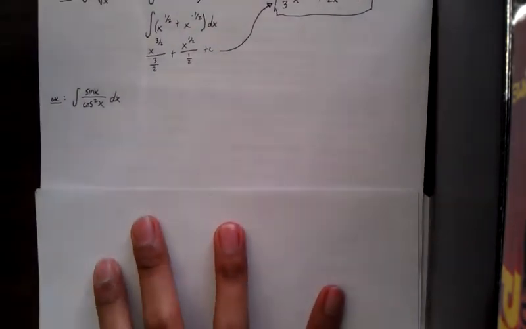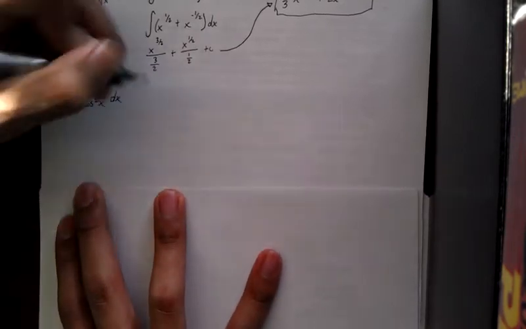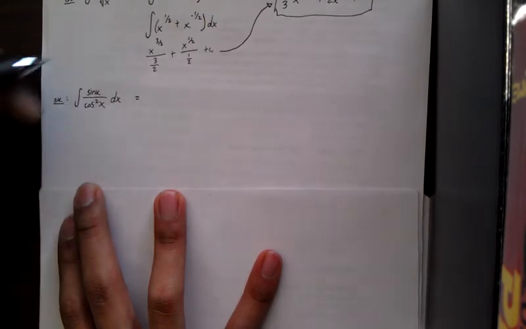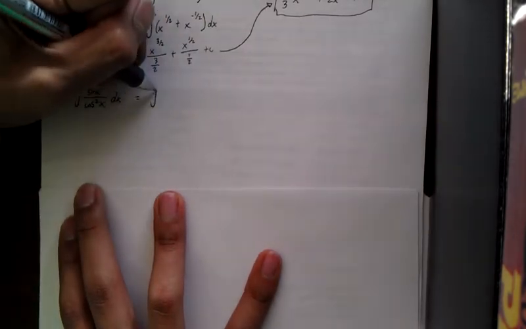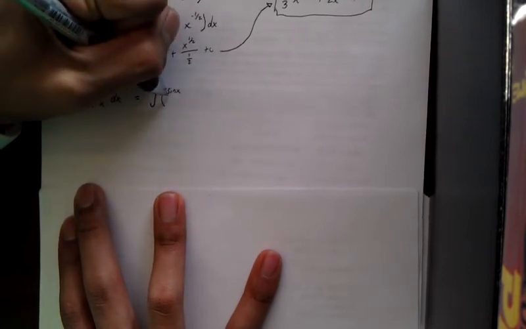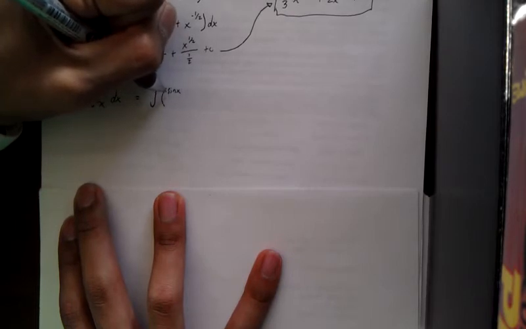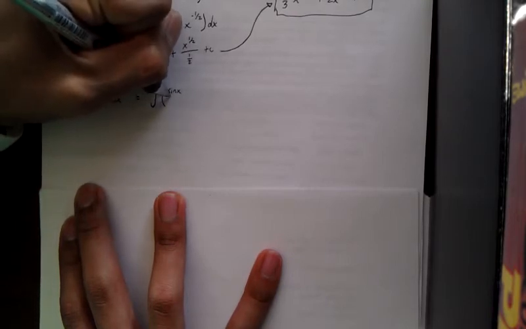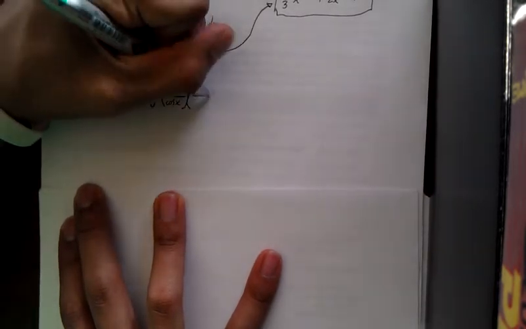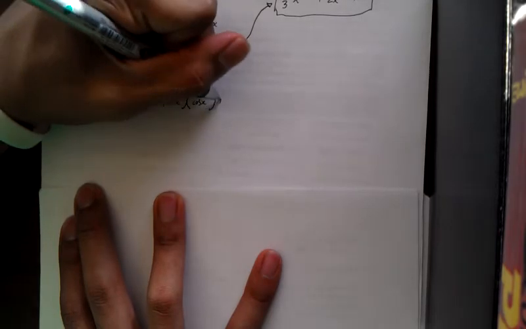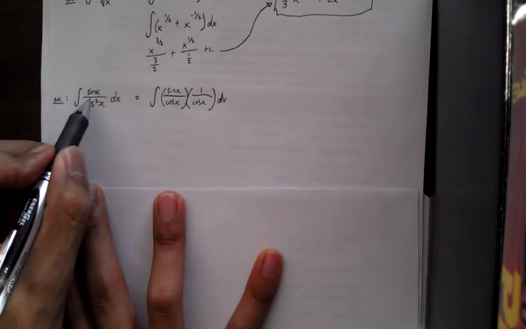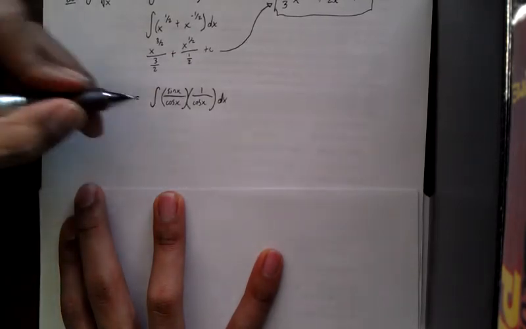Take the antiderivative of sine x over cosine squared x. Since you can't move the cosine up, what I would recommend is splitting it up. So you go sine x over cosine x times 1 over cosine x. Because if you were to multiply these back across, you would get the same thing as sine x over cosine squared x.